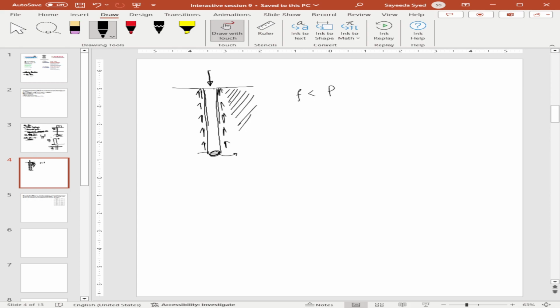So we have two load transfer mechanisms: friction and end bearing resistance.